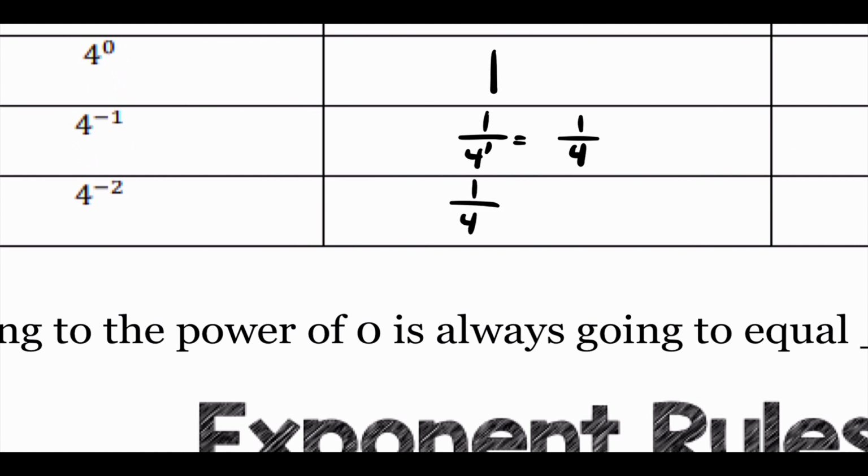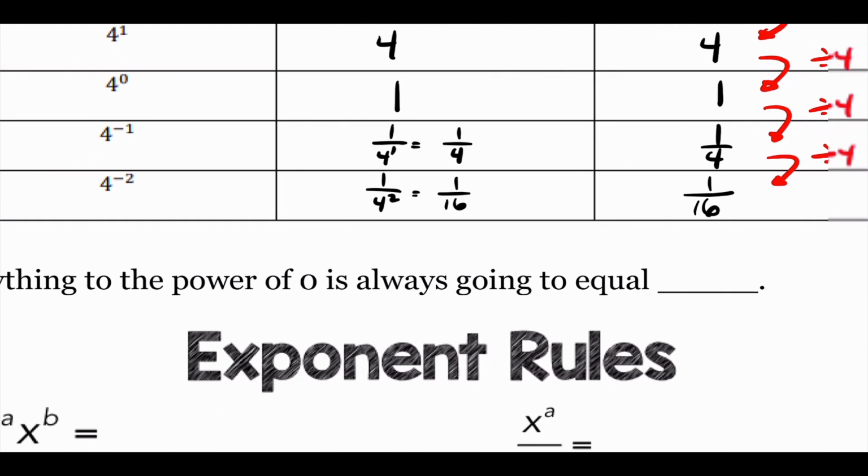Move it to the bottom and it becomes a positive 2 power. That's the little trick you can use. Instead of having to divide by 4, we use that little trick. So that ends there, but let's do another one. How about 4 to the negative 3 power? Move it to the bottom, it becomes positive. That's 1/64, right? Yep.